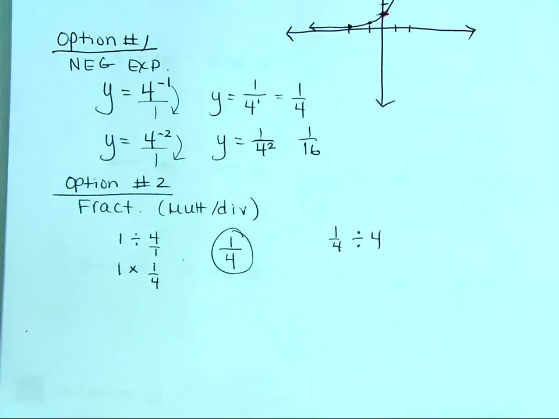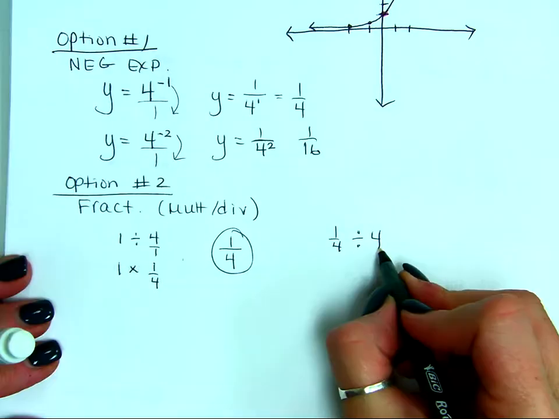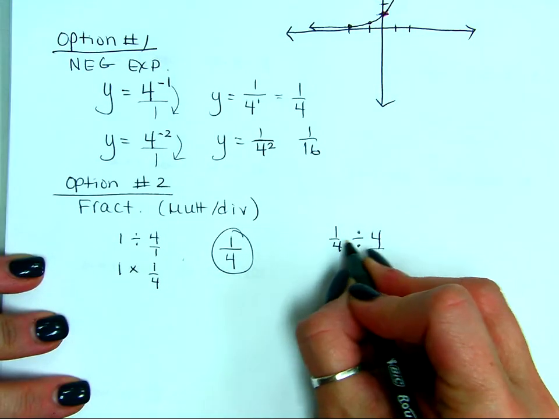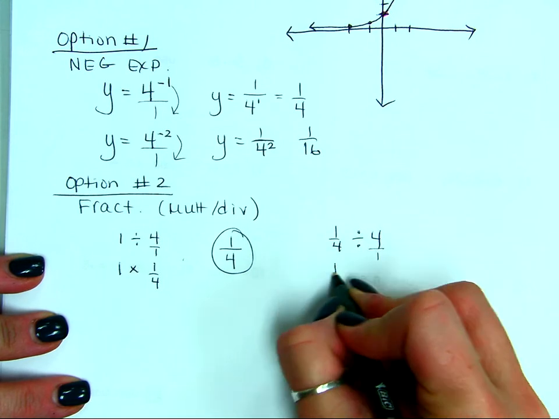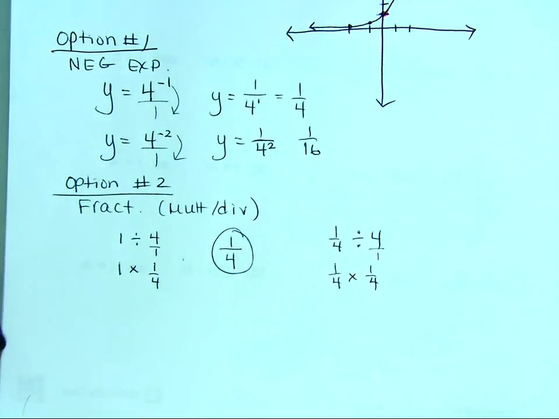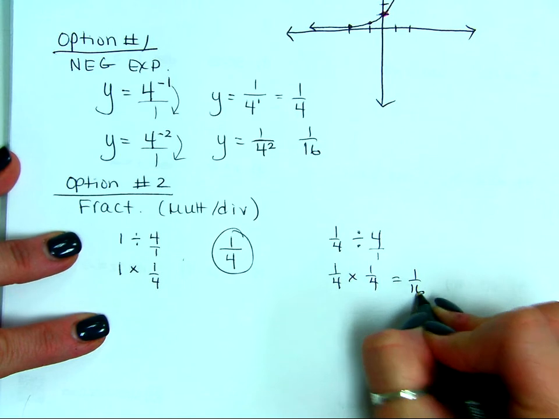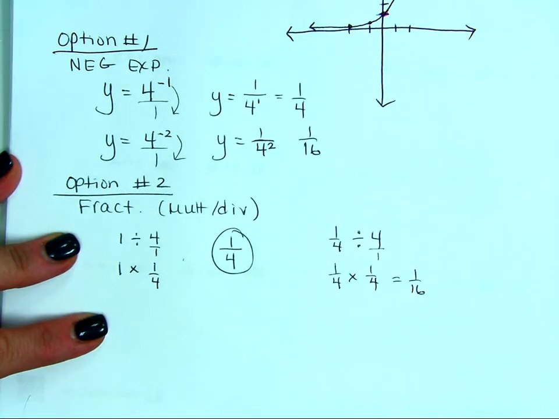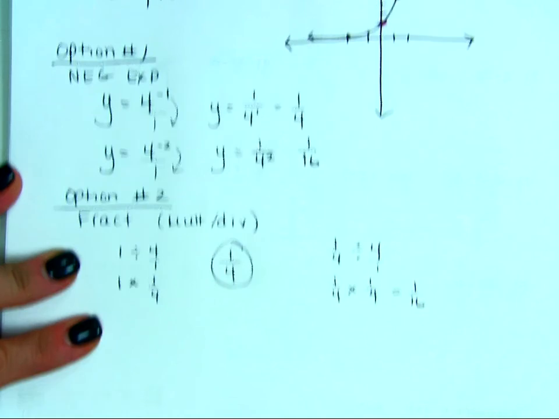And you've got to go back to 5th grade here, or 6th grade, to dividing by fractions. You don't divide, you multiply by the reciprocal. So don't take 1/4 and divide by 4, take 1/4 and multiply by its reciprocal, which gives you 1/16. And we had that. We had 1/16, but we found it using the negative exponent way.